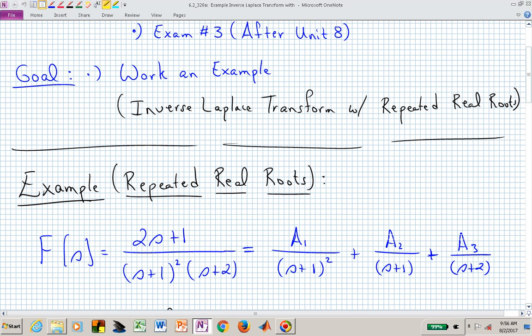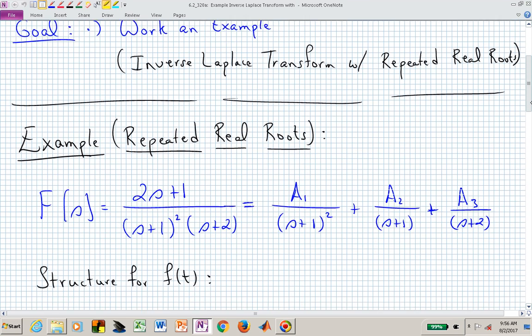So in this example, that just means that we have one additional term, an a sub 2 over s plus 1 raised to the first power, and the partial fraction expansion piece associated with the factor s plus 2 gives rise to the a sub 3 over s plus 2.